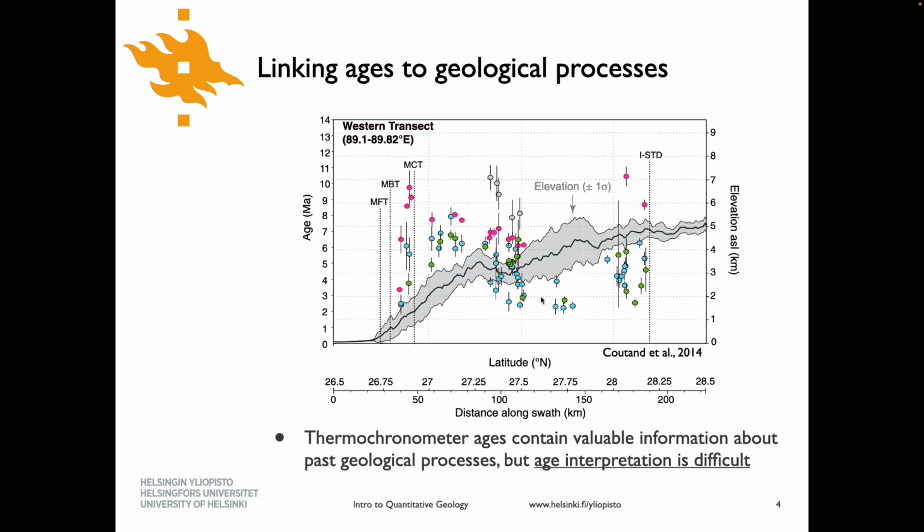Most of the chronometers show a similar pattern: very young in the south, getting older, decreasing toward the central part of this transect, and then getting a little older as you go north from there.